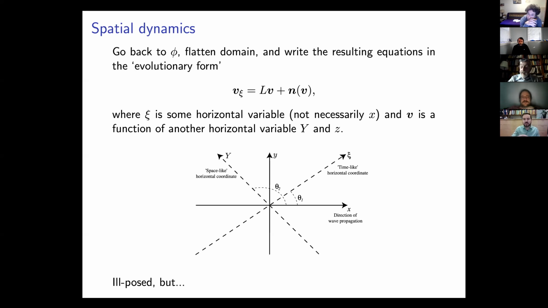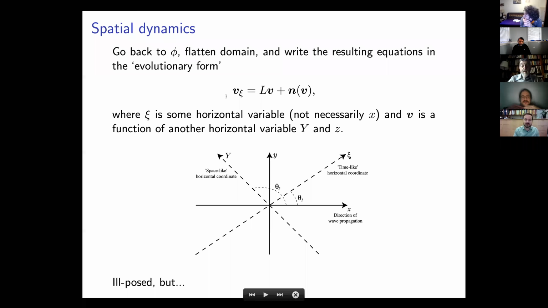We get an elliptic problem where the surface eta and its derivatives appear as coefficients everywhere. You have to work a bit, but you can formulate this as a first order in x evolution problem, where L is a linear operator and N some nonlinearity.